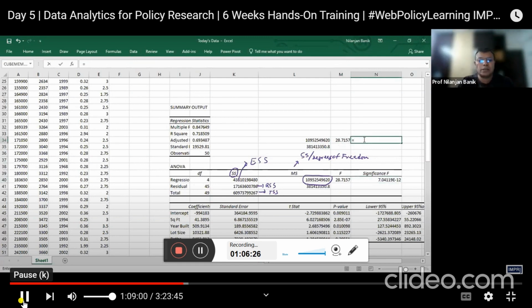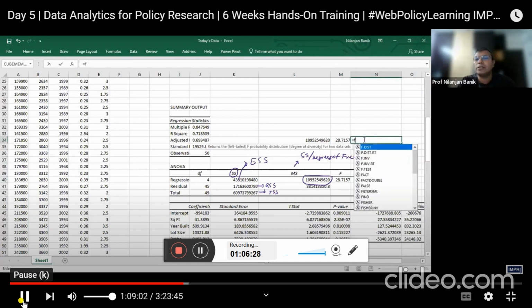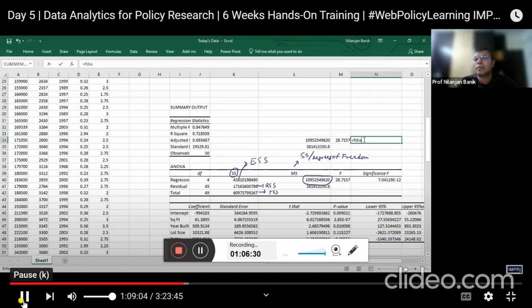I have to write this formula, F test, X is 28.71, with 4 degrees of freedom here and this one here, and you get the same F test as what we are getting.